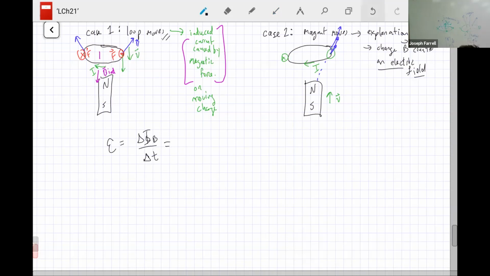But that EMF, well, I'll go the other way. If we want to think, what's that EMF? It's the electric field times a distance. So we'll say electric field induced. So this is induced from the change in magnetic field. It's induced times the loop length, the distance around the loop.